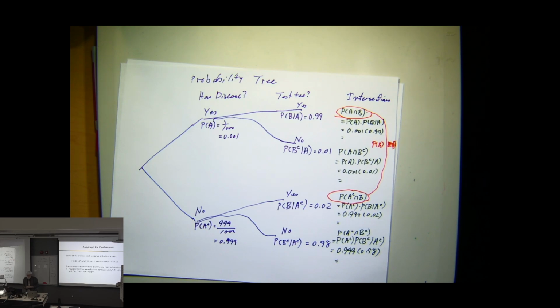We went through how we got all of those intersections. And then what we do is we get the probability of B by summing these two mutually exclusive intersections. A intersect B and A complement intersect B are the two mutually exclusive intersections. We add their two probabilities, and that gives us the probability of B.